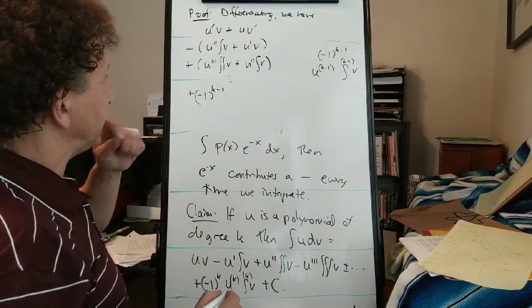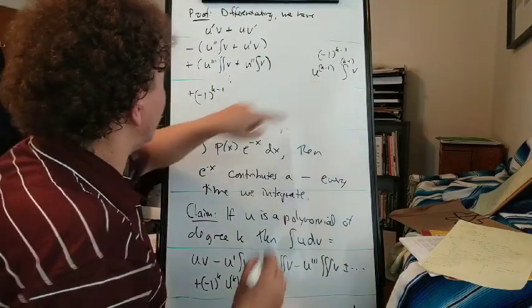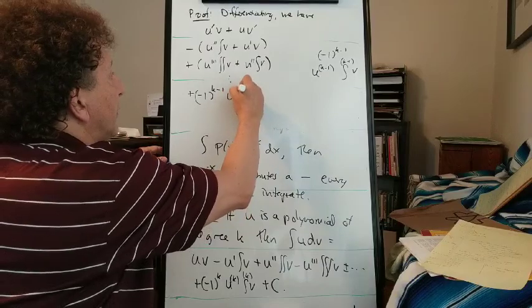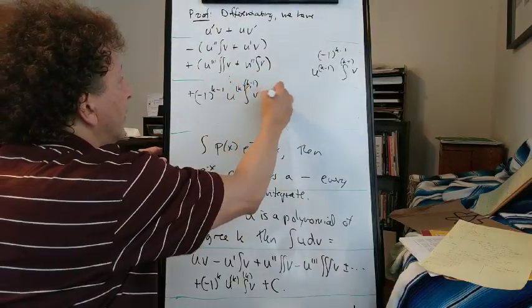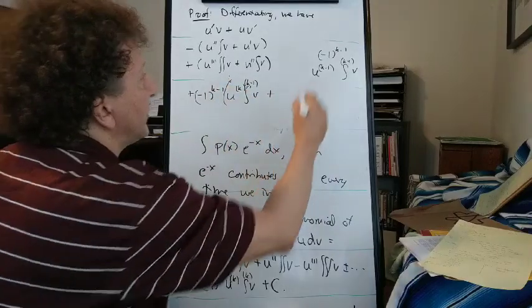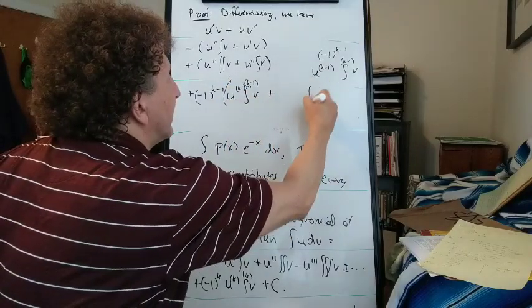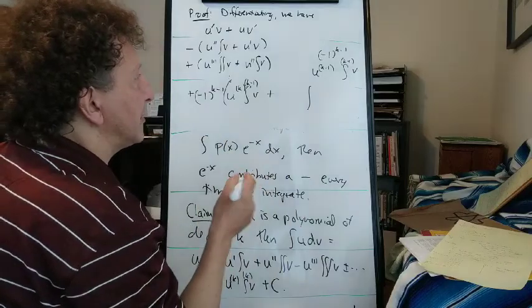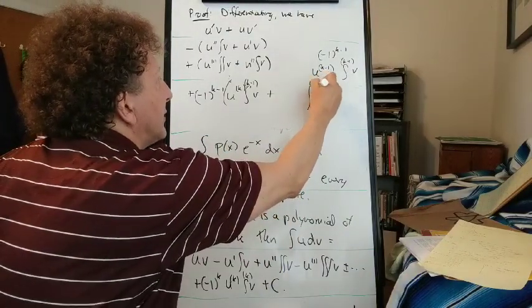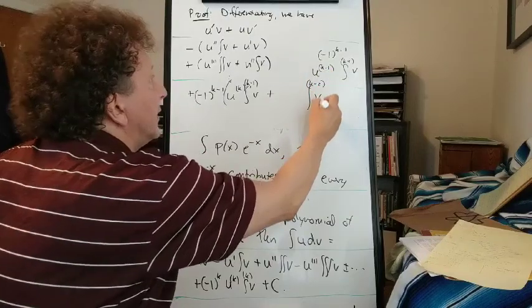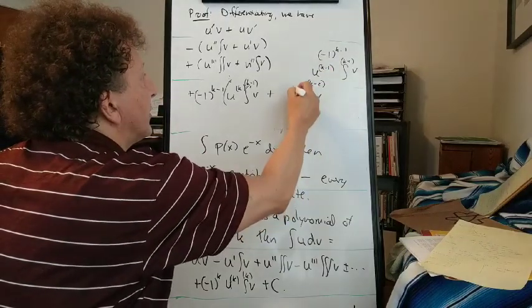So then we get derivative of the first times the second plus derivative of the second. So derivative of k minus 1 integrals is, I guess, k minus 2 integrals only times the first.